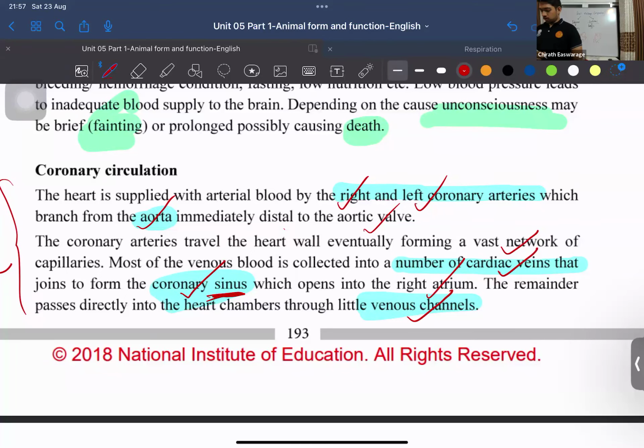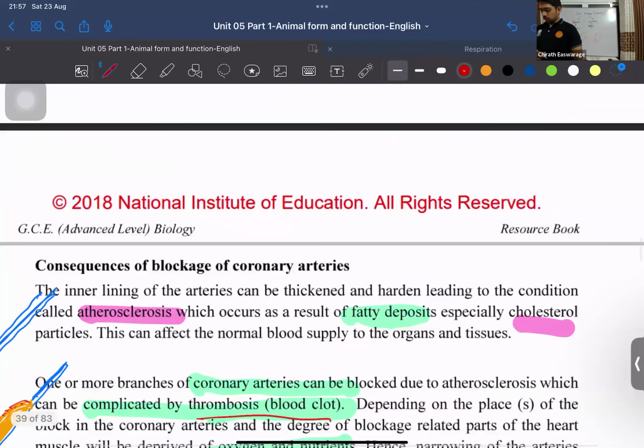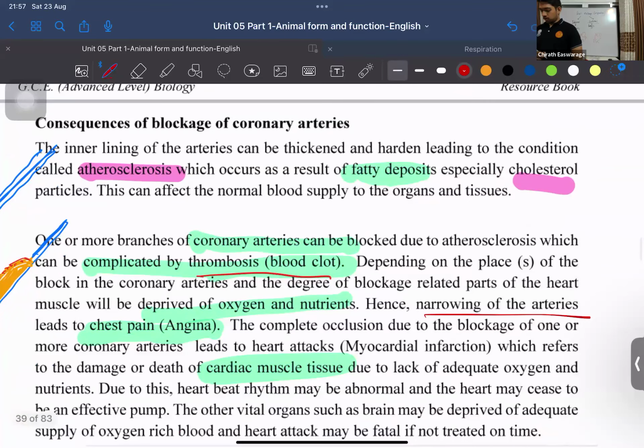Okay. Next section of the essay, the consequence of blockage of coronary arteries. So you only have to talk about coronary arteries. Okay. So what is atherosclerosis? The inner lining of the artery, 1 point, inner lining of the arteries can be thickened and hardened, 1 mark, due to the condition called atherosclerosis, which occurs due to the deposition of fatty substances, especially cholesterol.